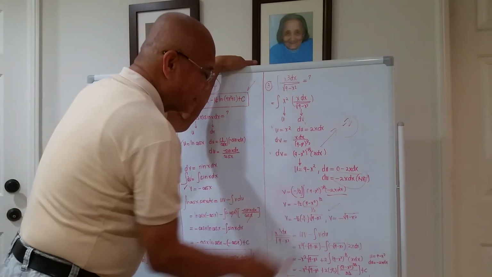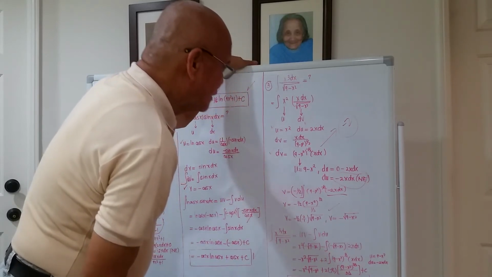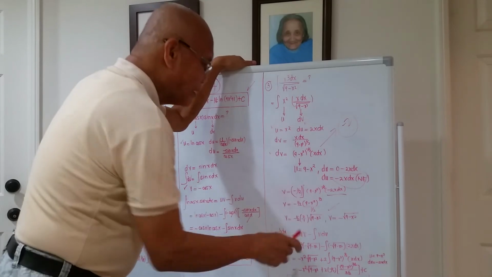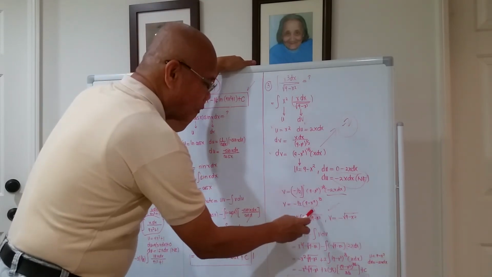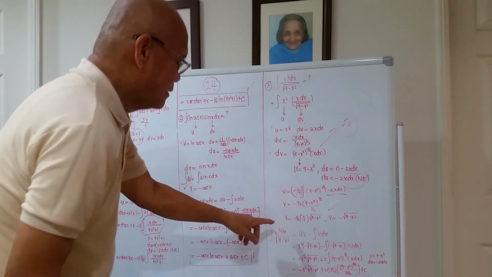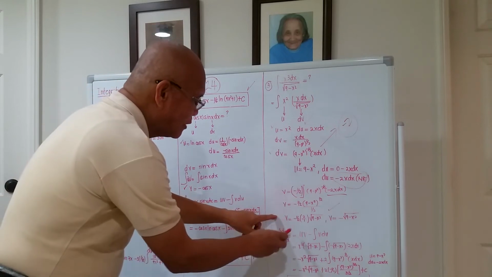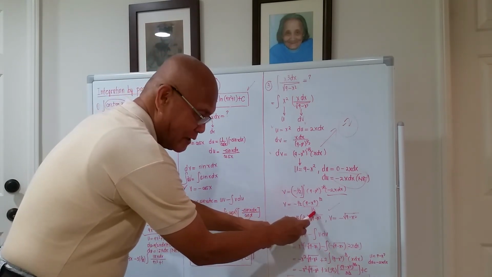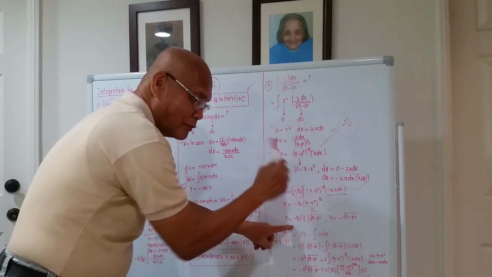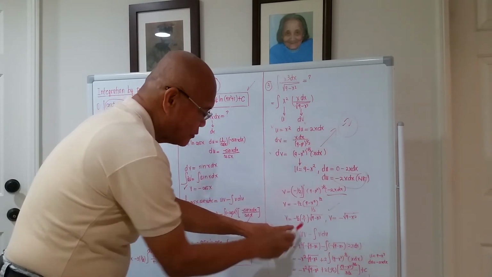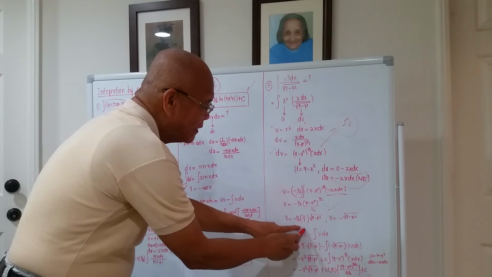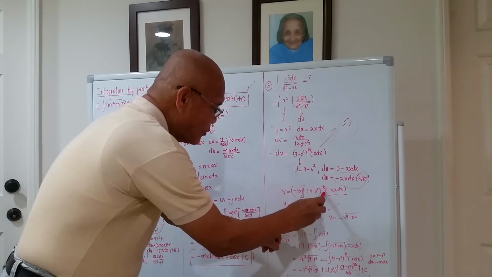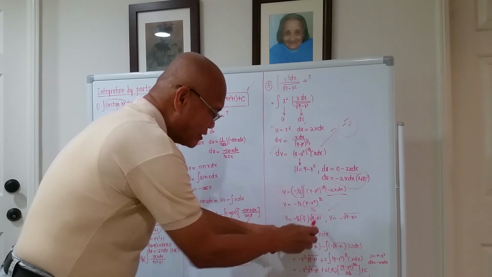9 minus x squared, minus 1 half plus 1 is plus 1 half. So this is plus 1 half over 1 half. Okay? Simplifying, v now equals negative 1 half. This 1 half here is under the denominator. We bring it up, we take the reciprocal, so this should be 2 over 1. Okay? 9 minus x squared raised to the 1 half is just the square root of 9 minus x squared.